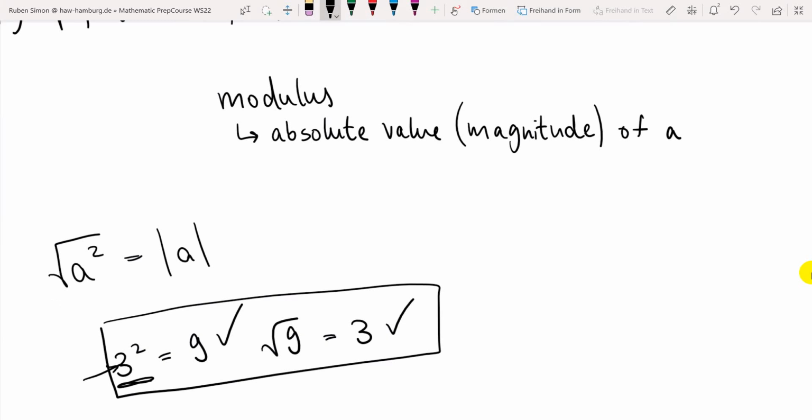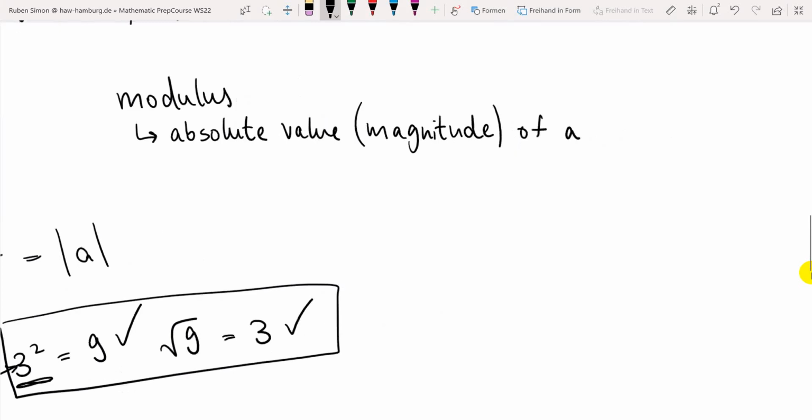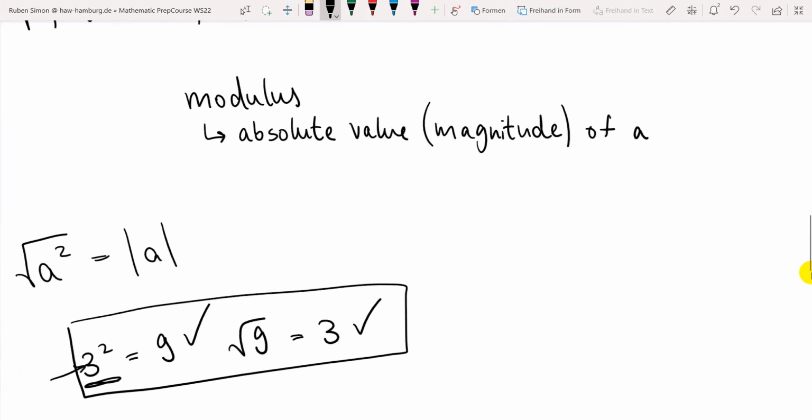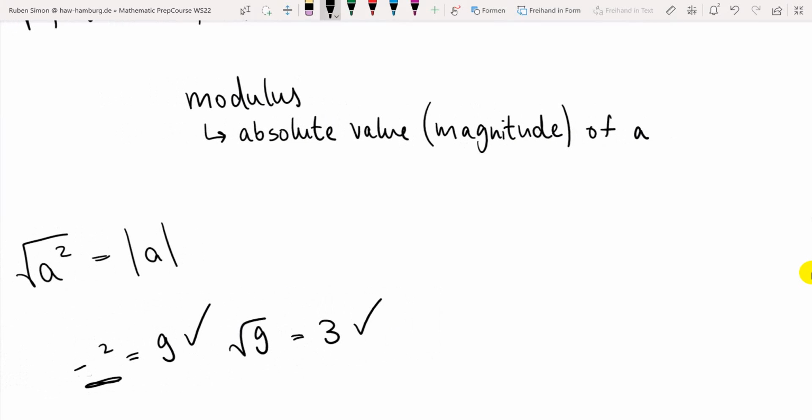So this leads you to the conclusion that it's not only possible that the original base value was positive 3, but it could also have been negative 3 to the power of 2. This would be 9 too. But if you would still go with the positive one, then you would end up with another result in the end than the term you started with.